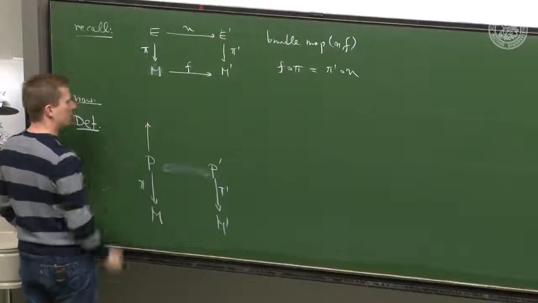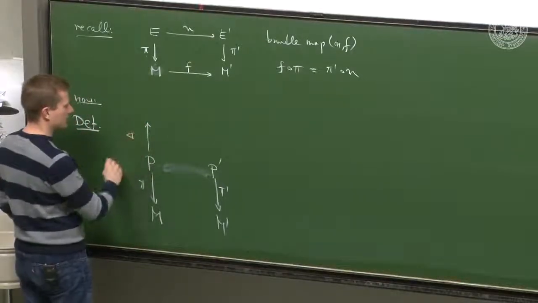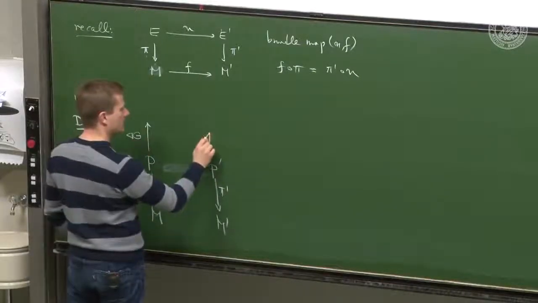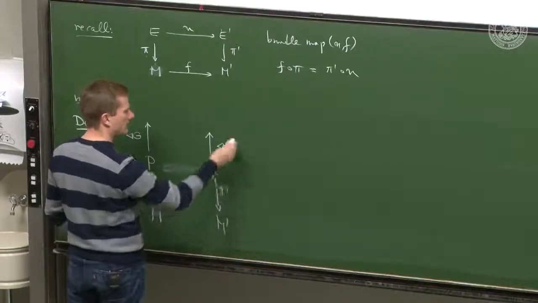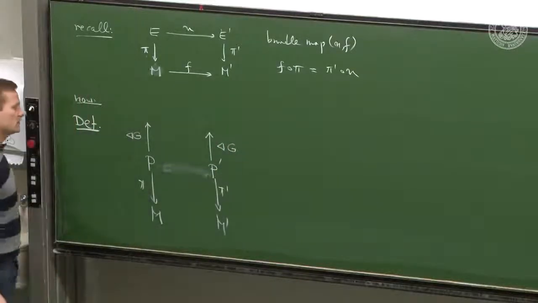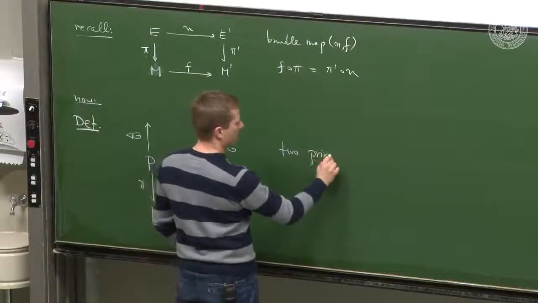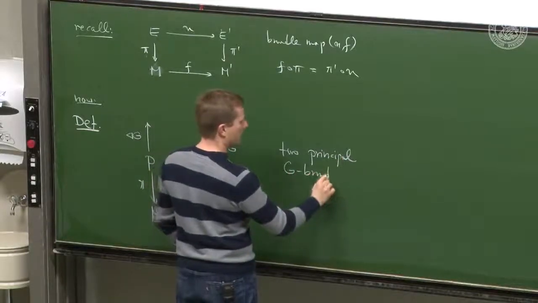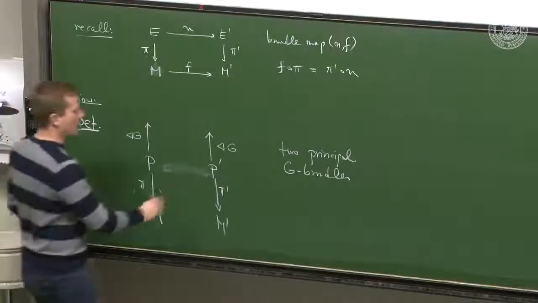Then we also have the action of a group, the right action of an entire group on this bundle here. And on this bundle, we have the right action of an entire group. Let's say there are two principal G bundles, meaning principal bundles with respect to the same group, but otherwise they're different.